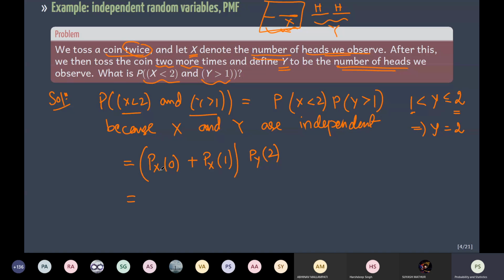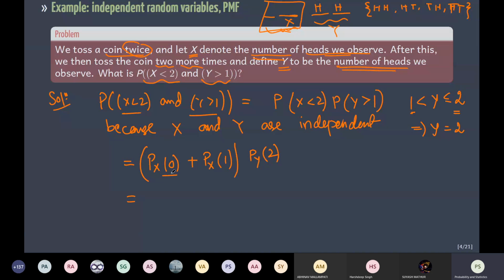So what is the probability that x will be 0? What is the probability that you will get 0 heads? For x, there could have been 4 possibilities: head head, head tail, tail head, or tail tail.